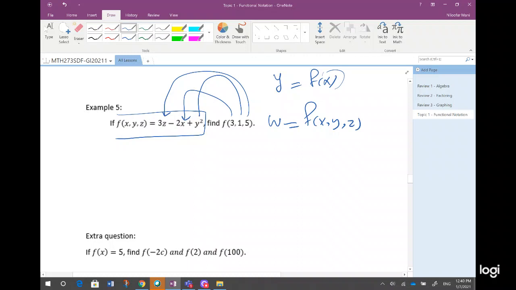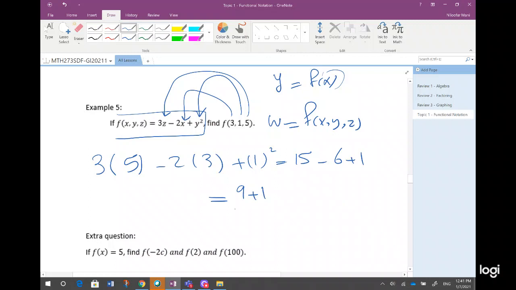I cannot change this, because that's the order I see. So it's 3 times 5 minus 2 times 3 plus 1 squared, which is 15 minus 6 plus 1, which is 9 plus 1, which is 10. Okay, 10 is the result.